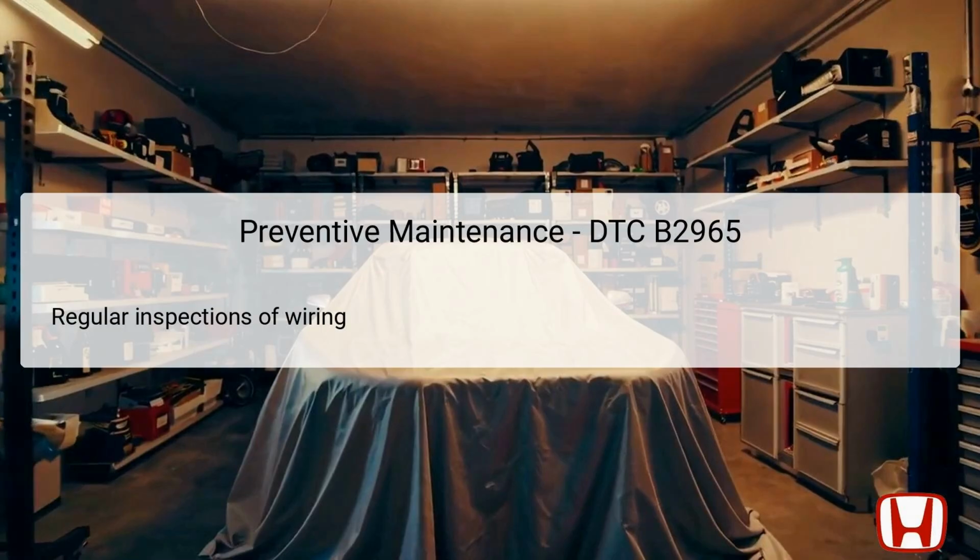Keeping these components in good condition minimizes the risk of communication errors due to bad contacts or faulty wiring. Additionally, a periodic refresh of the vehicle's diagnostic data allows for early detection of any electrical anomalies. This proactive approach can prolong the life of the system and enhance overall vehicle performance.